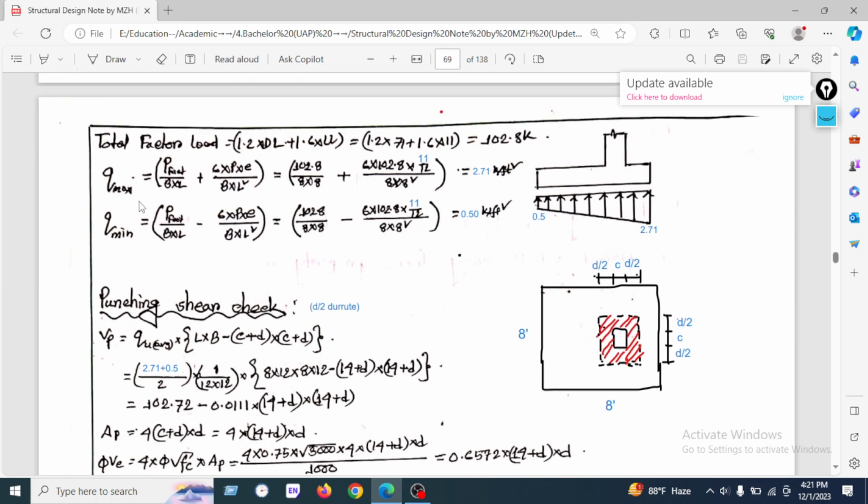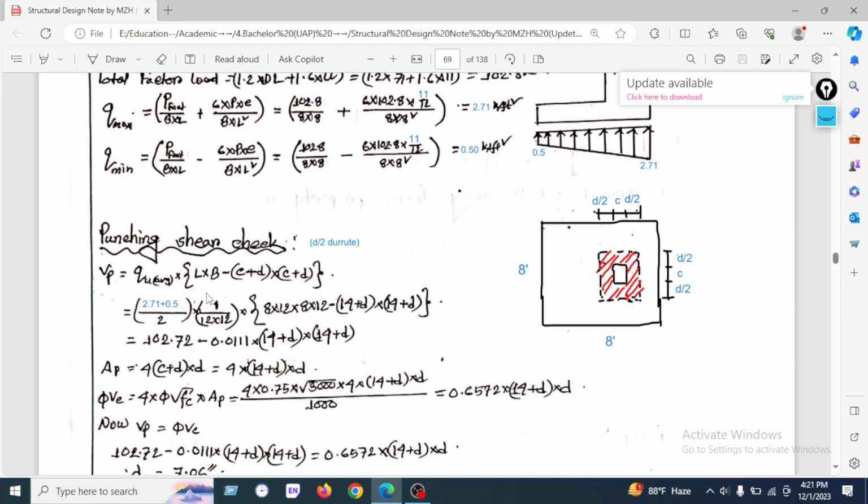I have taken the average, maximum plus minimum divided by 2, and L by 2. We divide by 12 into 12, because we have seen the dimension in feet square, but we will take this in inch square. That's why we have divided by 12 into 12, and L into B is 8 into 8, which is multiplied by 12 to be taken in inches.